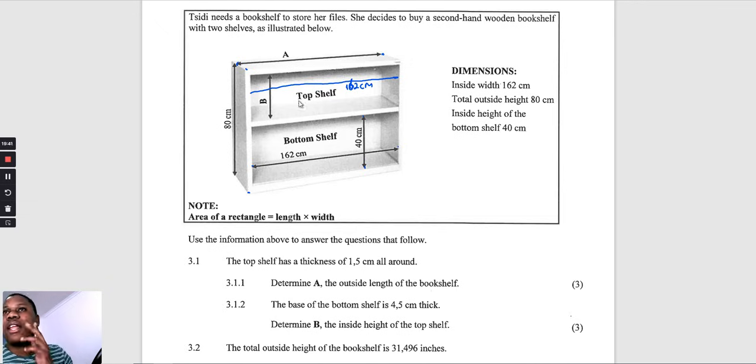Okay, so what are we going to do? They have excluded the thickness, and the thickness is given there as 1,5 centimeters.